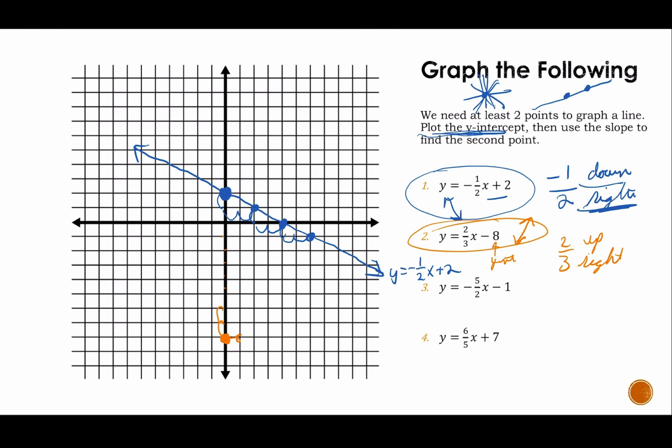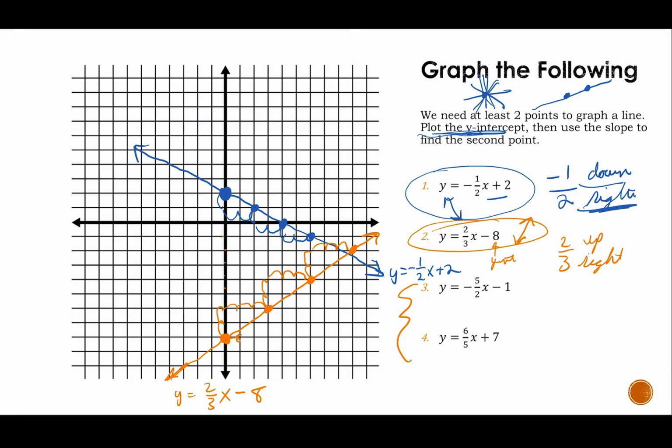Up 2, right 3, up 2, right 3. I could do this forever, but I probably shouldn't. So we've got enough points. We can go ahead and graph our line, putting little arrows at the end. This is y equals 2/3 x minus 8. So I'll give us a second to take that in, and then we'll plot these next two.